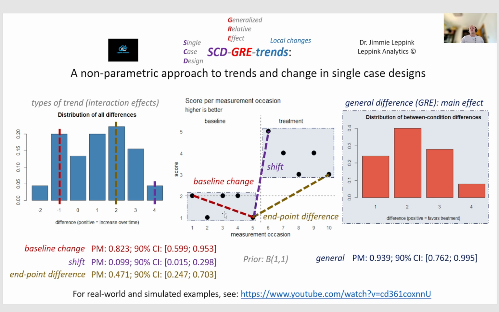So this is what I introduced last week. But I already mentioned that this kind of approach, either in its entirety or part of it, can also be used for different types of single case designs. Because, well, there are different types of single case designs.